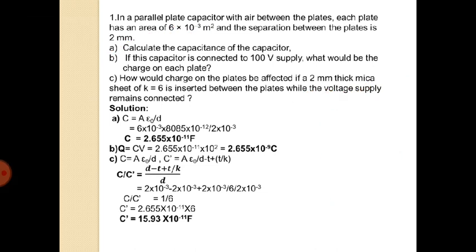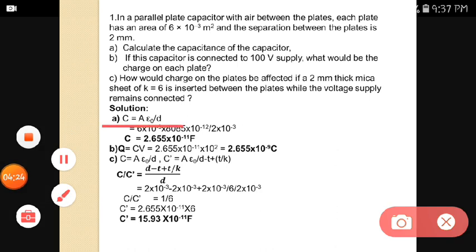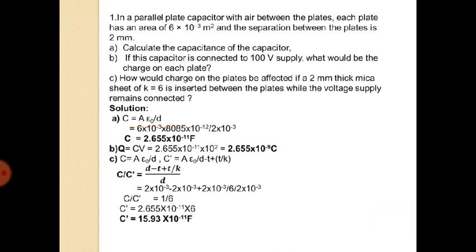What is the formula for capacitance when there is an air medium between the plates? The formula is C is equal to A epsilon 0 divided by d, where C is capacitance, A is the area, epsilon 0 is the permittivity, and d is the separation between the plates. As we know the values for A and d, we can find the value for C.